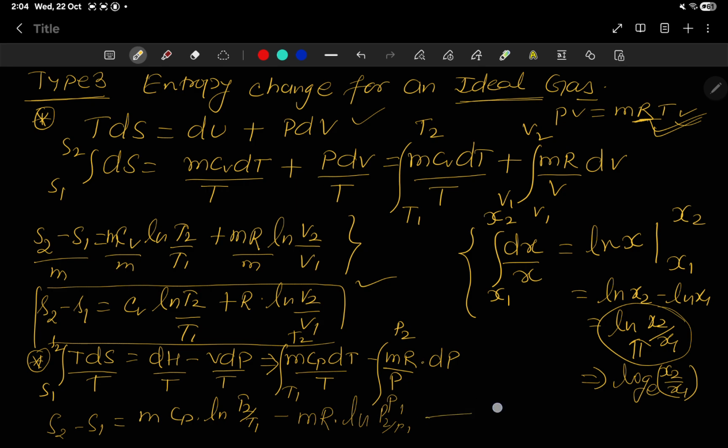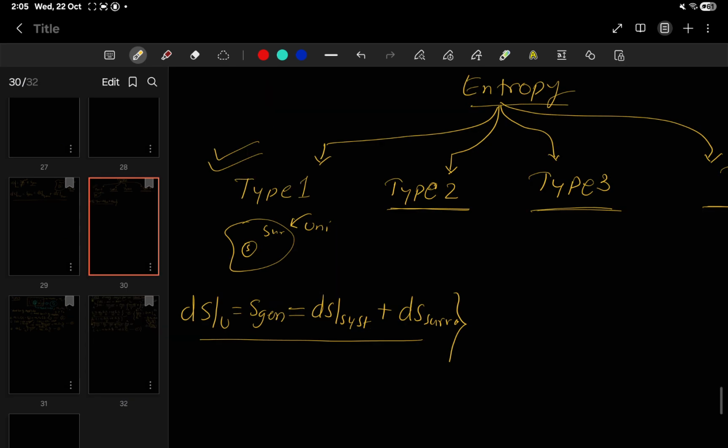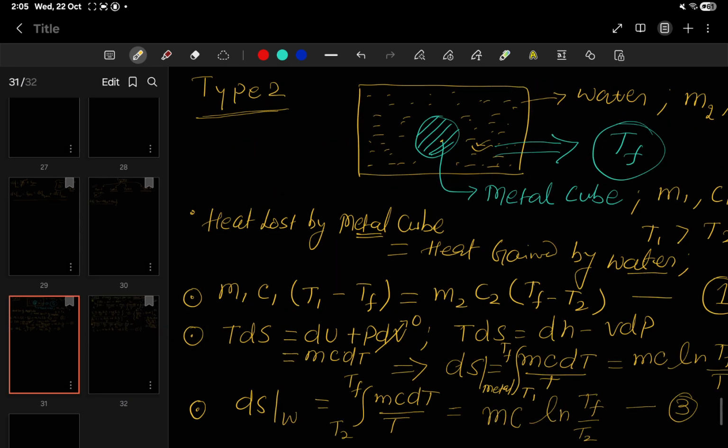This is relation 2, and that was relation 1. These are the two important relations for calculating the change in entropy for ideal gases. Now let's come to another concept. Type 1 is done, this is type 2.